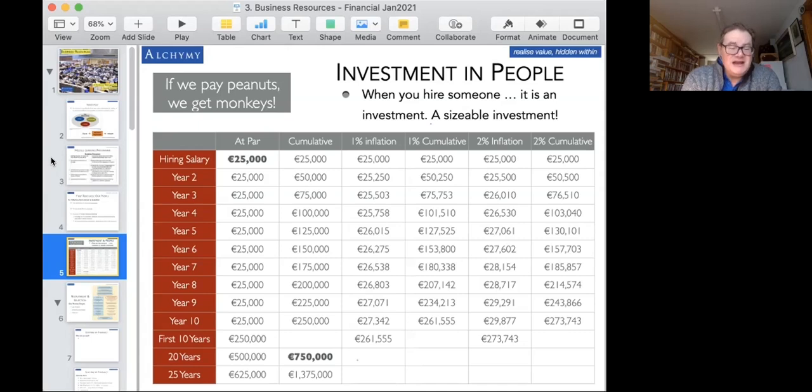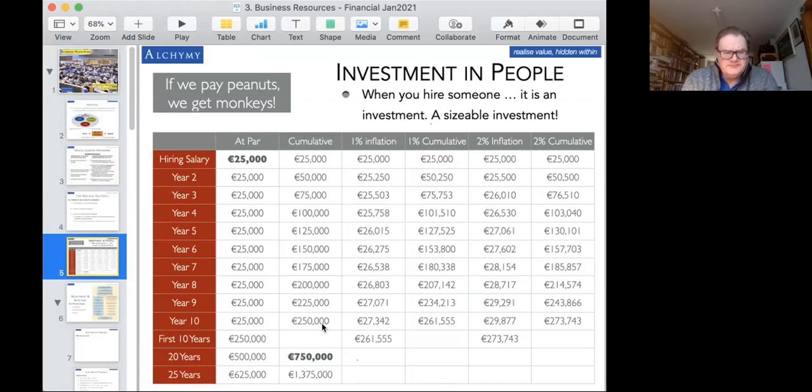So if we hire 10 people and we hire them at 25,000 euro, over 10 years, we're going to pay out 2.5 million to those 10 people if they're all on the same wage and there's no inflation whatsoever. Okay? If they stay 25 years, we're going to be talking about nearly 14 million, okay?